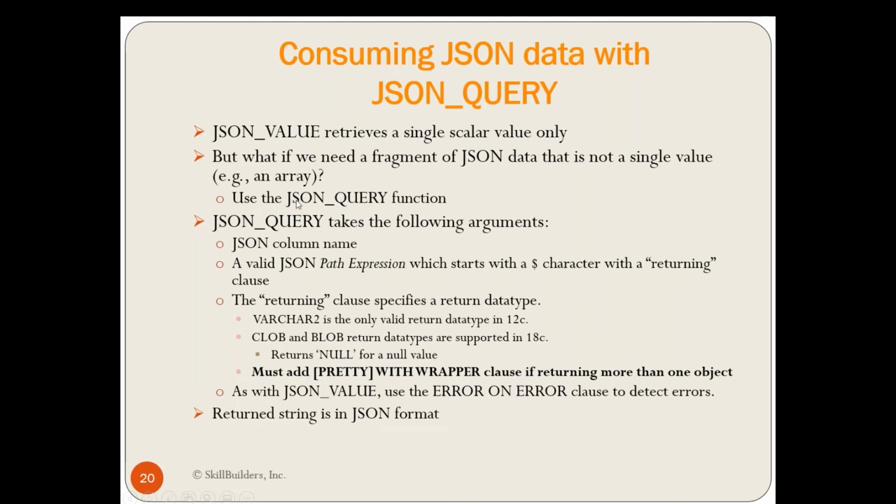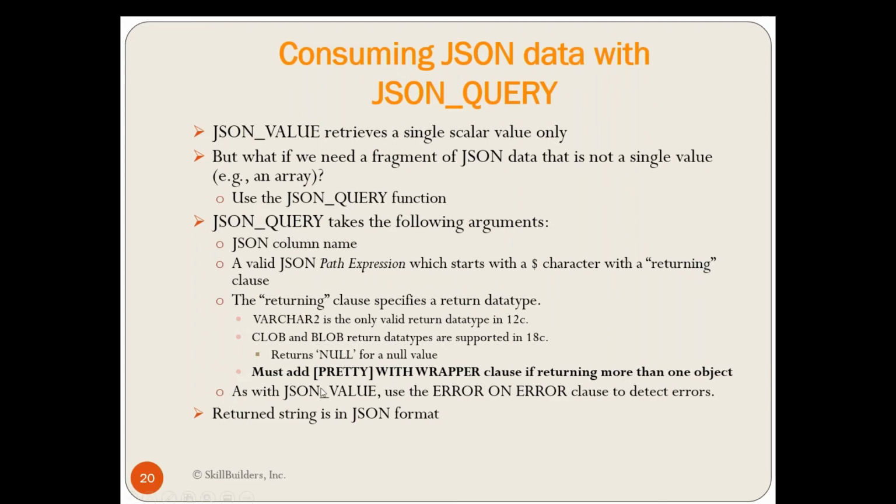Additionally, the second thing you have to remember in the JSON query clause is that if you return more than one object, it's going to give you an error, unless you put in another clause with wrapper. So as well as the clause that gives it the return data type, you need a clause that says with wrapper or pretty with wrapper. With wrapper is just basically one long string. Pretty prettifies the JSON data, indented and so on, so it looks like nice JSON format.